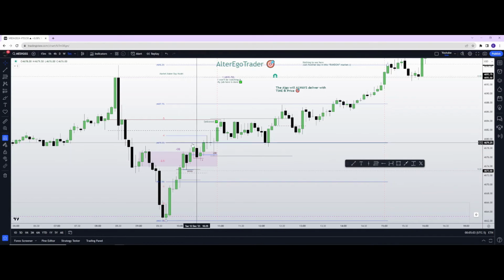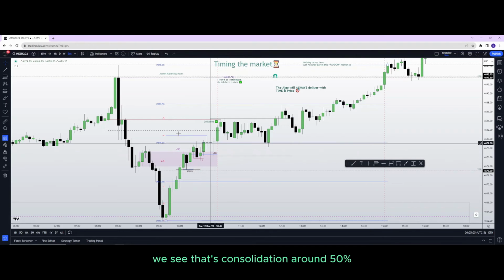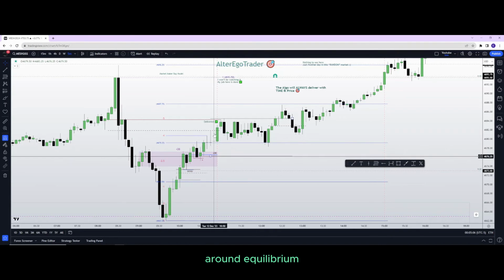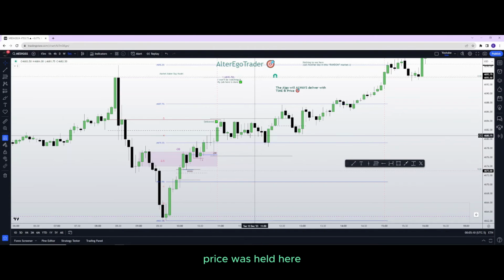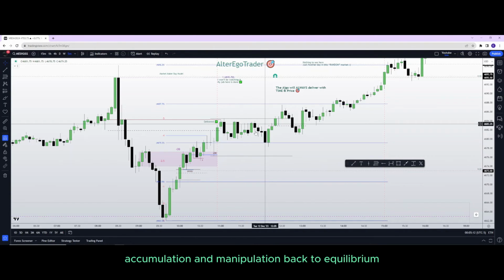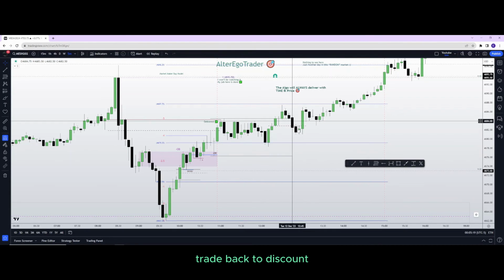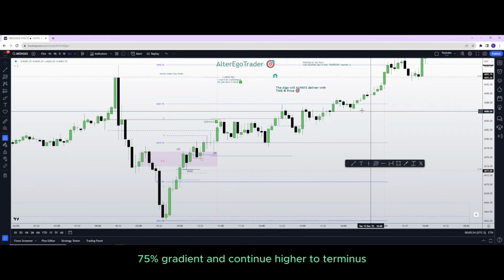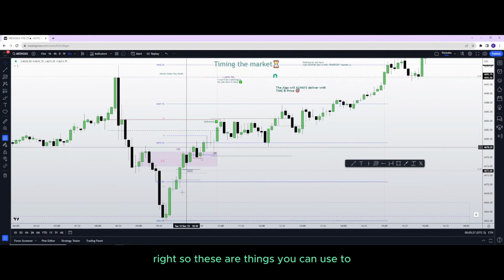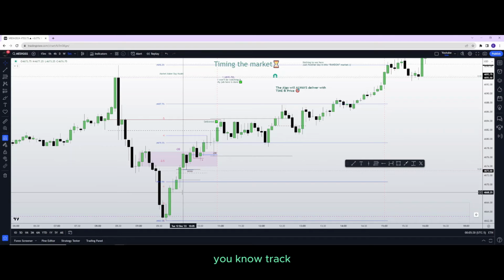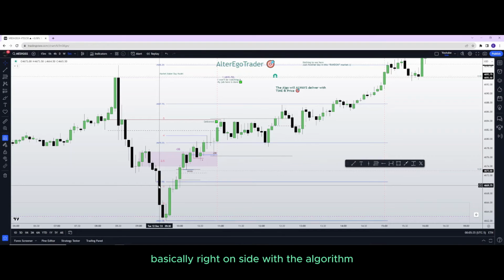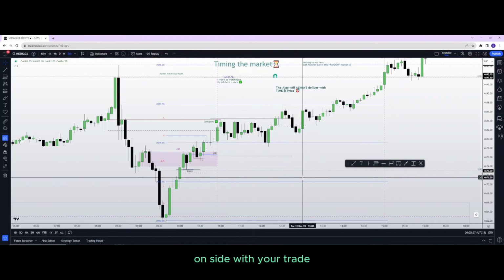Price traded higher, we see consolidation around 50%, around equilibrium, traded higher, price was held here, traded back down, accumulation, manipulation, back to equilibrium, ran sell stops, traded higher, created a new dealing range, traded back to discount, then traded higher to the 75% gradient, and continued higher to the terminus. These are things you can use to track if you're on side with the algorithm, on side with your trade.